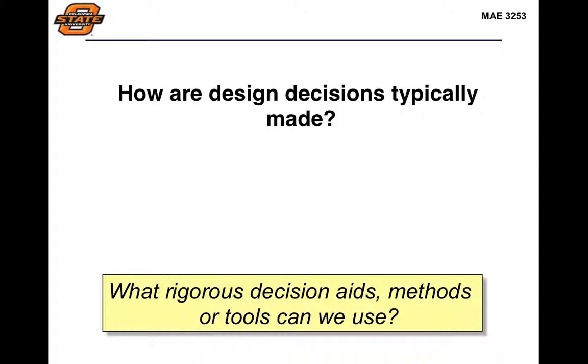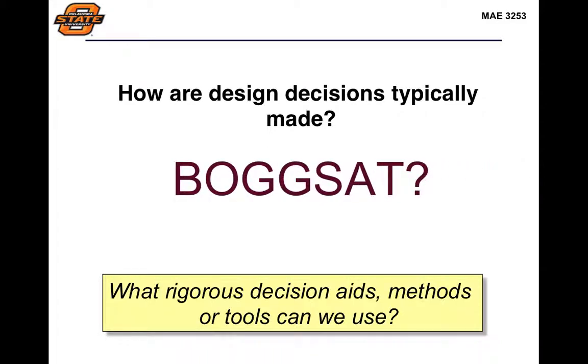Now, unfortunately, in the day-to-day engineering world, most of our design decisions are made by an approach we like to call BOGSAT, which just stands for a bunch of guys and gals sitting around talking. That means you have people in a room.